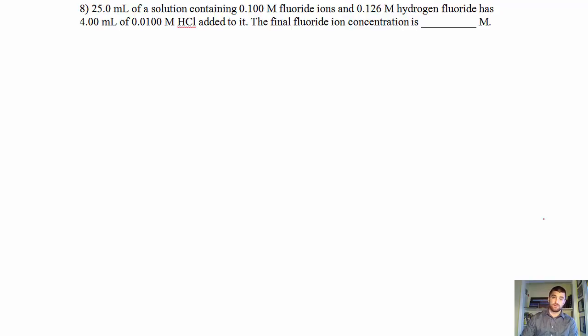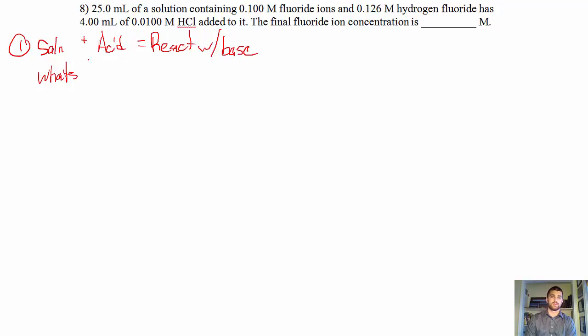All right, so first thing, think about what's happening. We have a solution and we're adding an acid to it. So what's going to happen there? Well, it's going to react with the base that's already in solution. So what we got to do is figure out what's the decrease in the base.